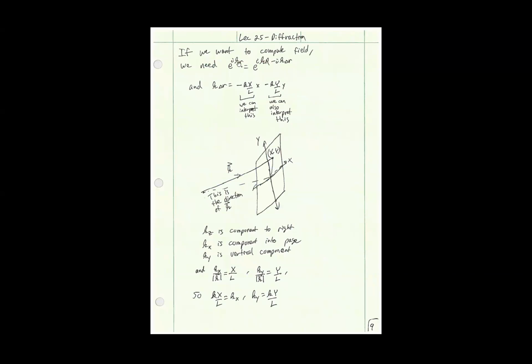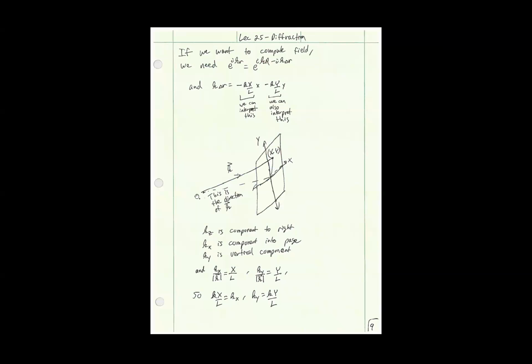Because we're going to be taking e to the i k r, which is e to the i k big R minus i k delta r. So when we take k delta r, we're going to have k times big X over L. We're also going to have k times big Y over L. And we can interpret these things, all right?